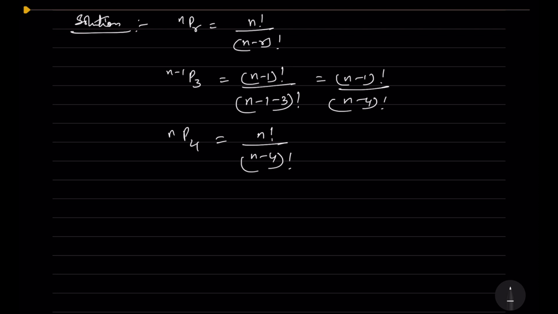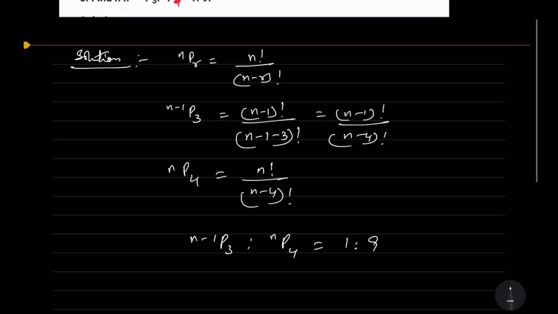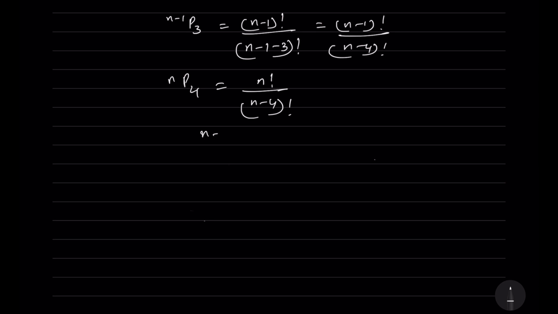So we can write (n minus 1)P3 is to nP4 is equal to 1 is to 9, as given to us. (n minus 1)P3 divided by nP4 is equal to 1 by 9. Therefore (n minus 1)P3 into 9 is equal to nP4 into 1.